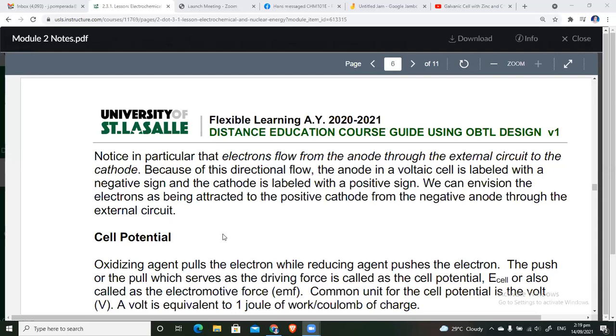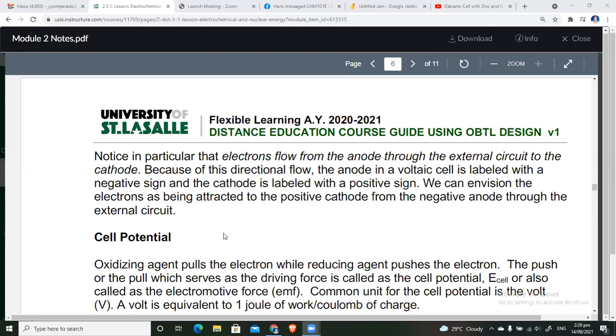Without the salt bridge, class, the half reactions that occur in the two separate beakers will just reach a point where nothing is left, because the solution has consumed the metal, or the solution probably becomes lighter because the metals present in solution stick to the metal strips, or the anions from the solution already adhere to the metal strips that were placed into it.